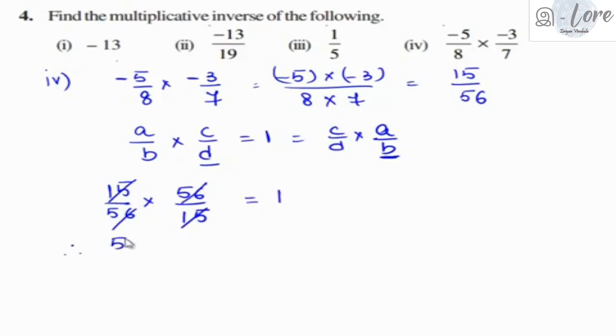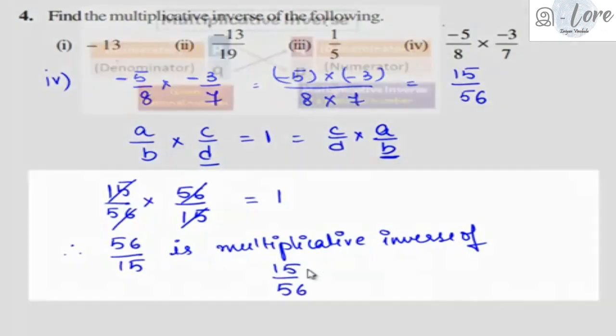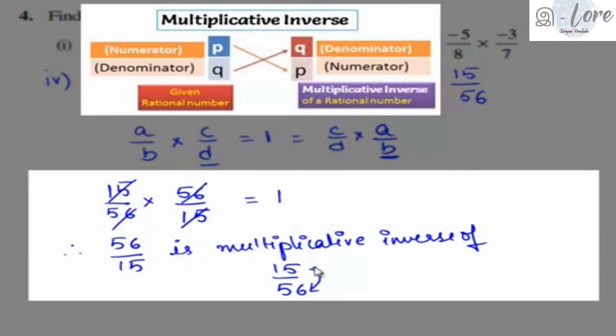Therefore 56 by 15 is the multiplicative inverse of 15 by 56. We clearly observe that 56 by 15 is just obtained by switching the numerator and denominator of the given rational number.